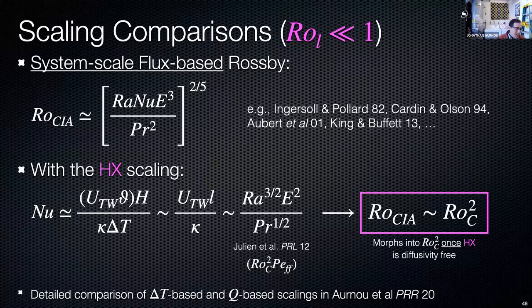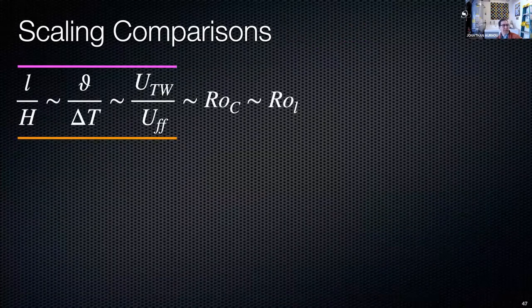We've done everything here in terms of a delta T-based universe. You can do everything in terms of heat fluxes, and we can tie all of them back and forth. The point is that in the delta T based framework, everything's very clear. There is one ROC, it is proportional to ROL, and it gives this nice scaling between the non-rotating and the rapidly rotating worlds.